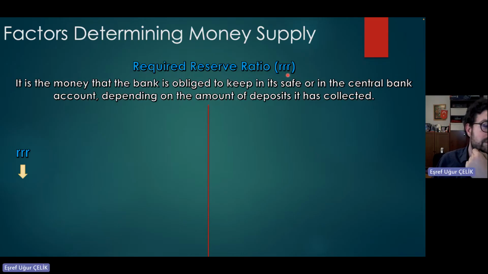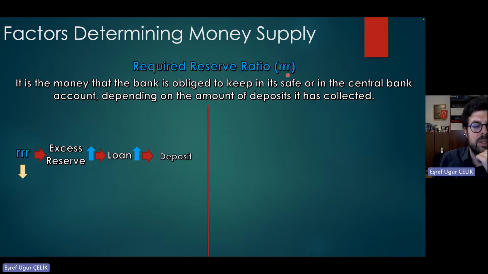So when the required reserve ratio becomes lower, that means the banks hold less required reserve, so the excess reserve part becomes higher. So they are able to give more loans to other actors in the money market.